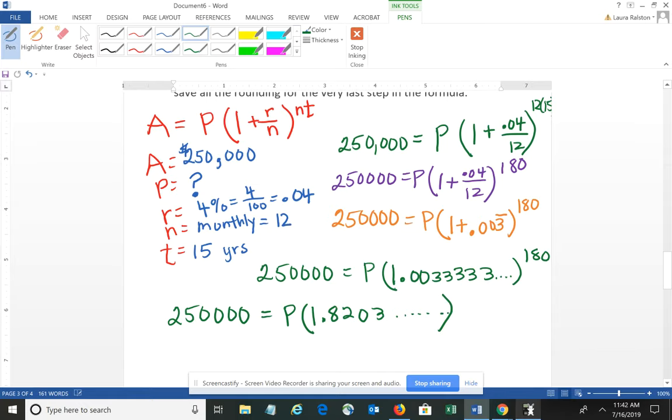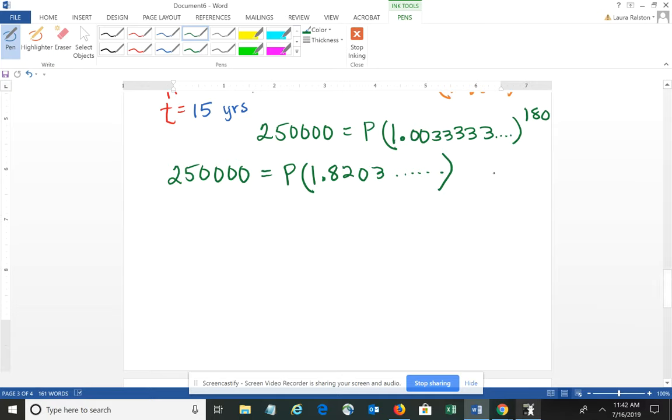Okay, you want to keep the entire decimal. And I'm trying to solve for P. So to solve for P, I then need to divide both sides by 1.8203.